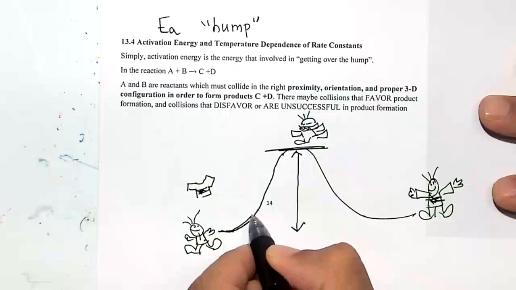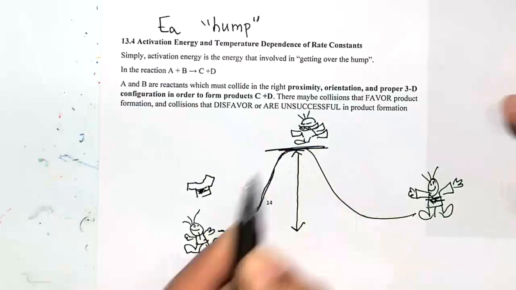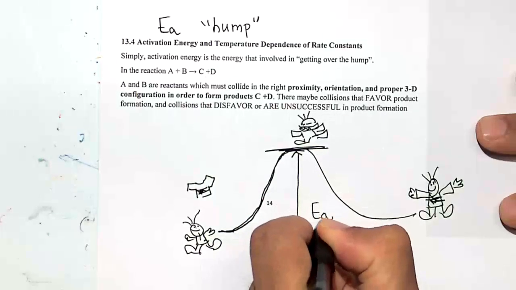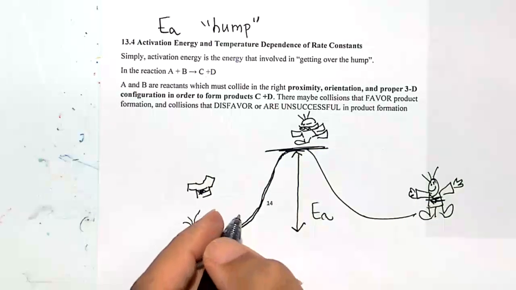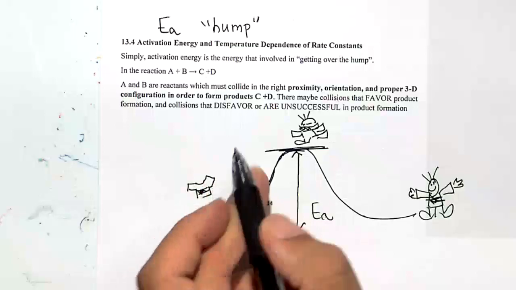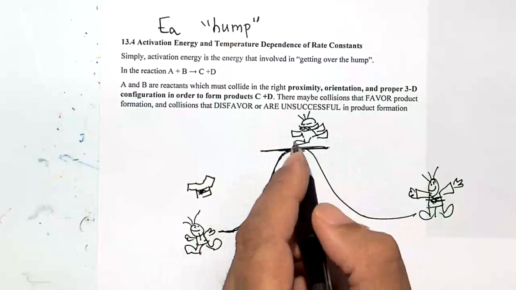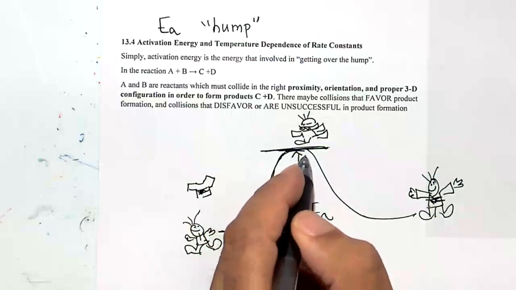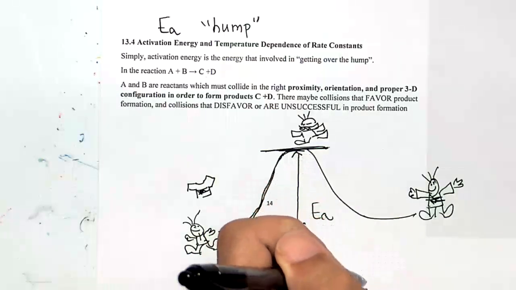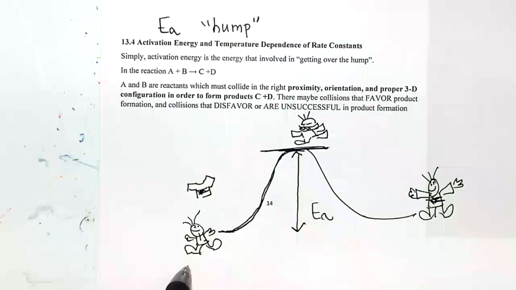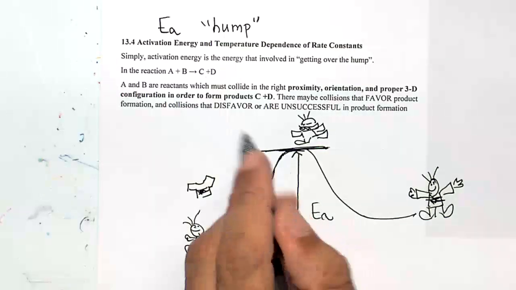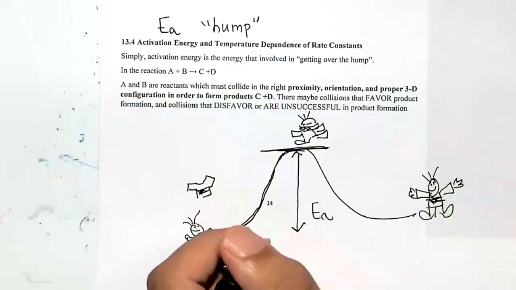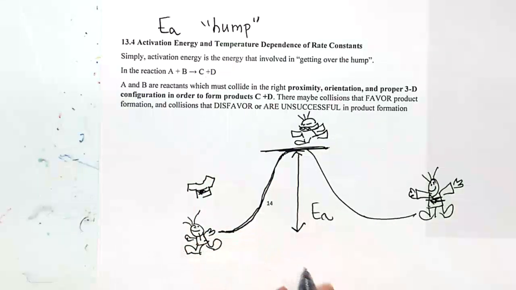So this point right here, this hump, is called the activation energy. It's the amount of effort you have to put in. And after that effort, it goes downhill from there. So the uphill climb to the point where you expend all of this energy, that's called the activation energy.